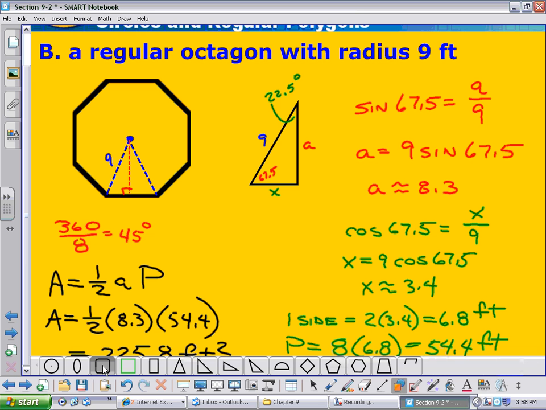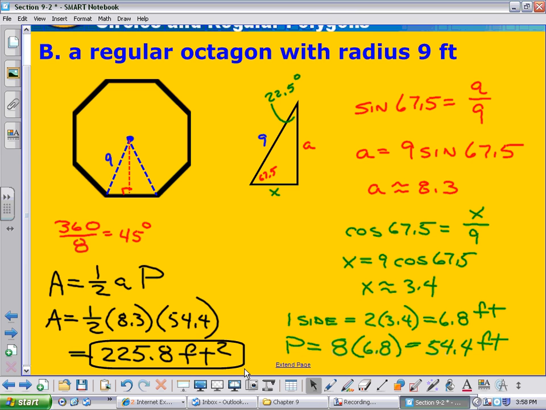So we have two pieces of trig there that we needed to use with what was given, because we were given the radius. We used that. You look at that right triangle I drew. Put the right angle in here for you. Use that right angle, two pieces of trig. We used the sine of 67.5 to find the apothem.